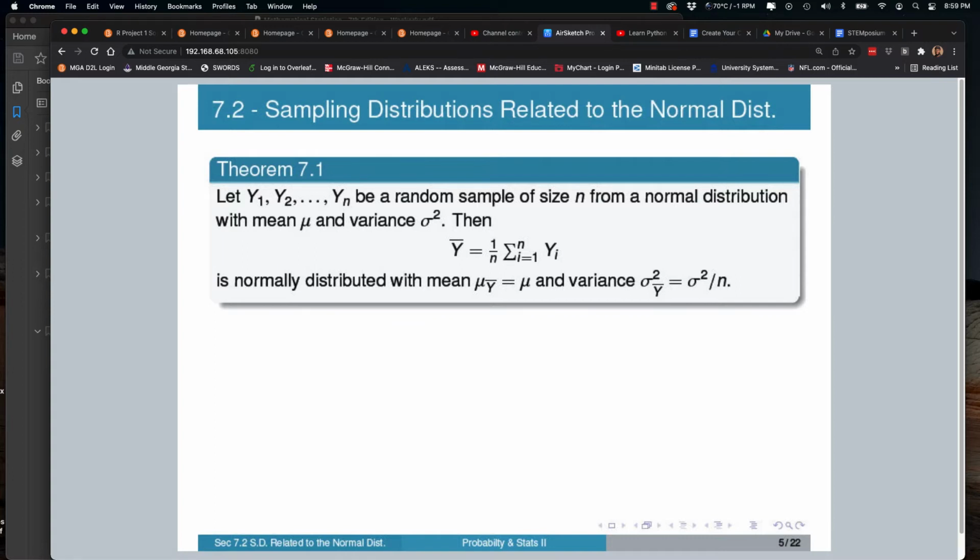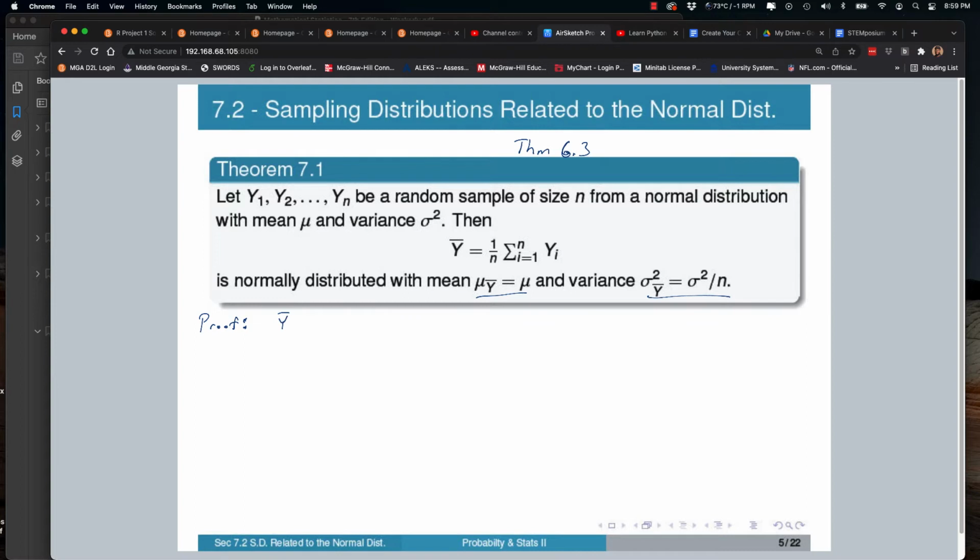Now if we go back to section 6.5, theorem 6.3 can help us do a little proof that these things are true. The proof here is really just an algebraic proof.